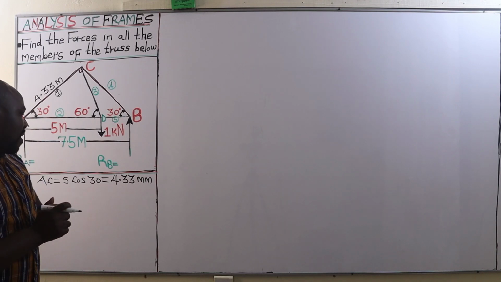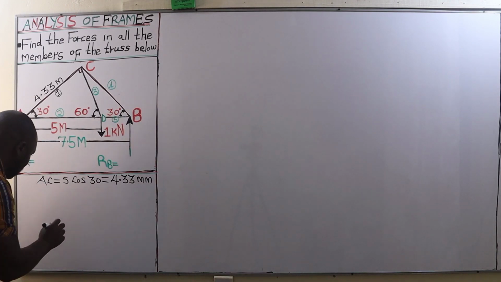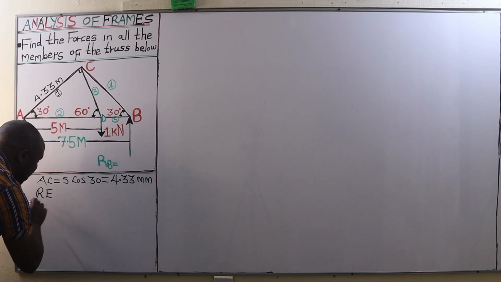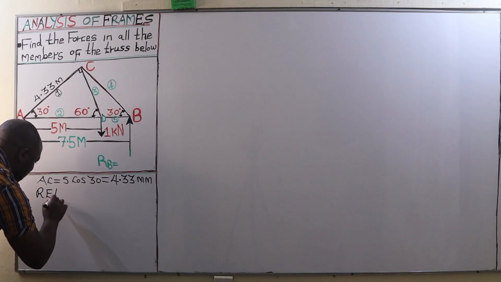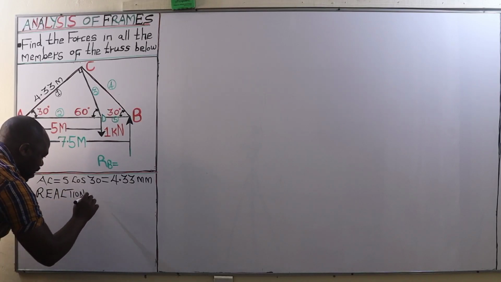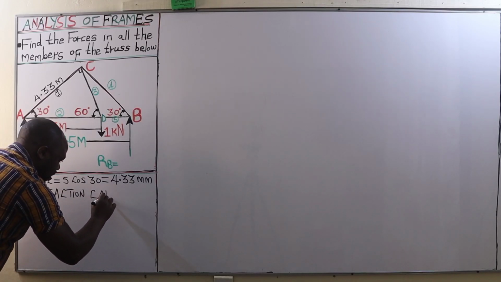After getting the size of member AC, the next thing we are going to do is to calculate the reactions at A as well as at B. Therefore, we have reaction calculations.